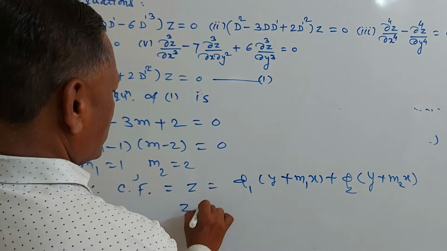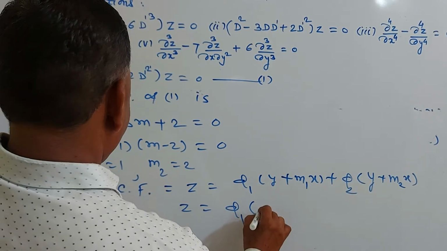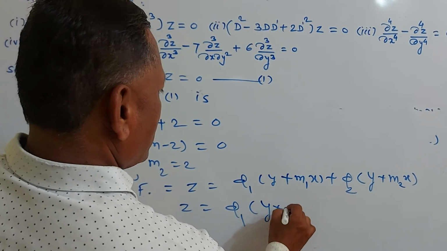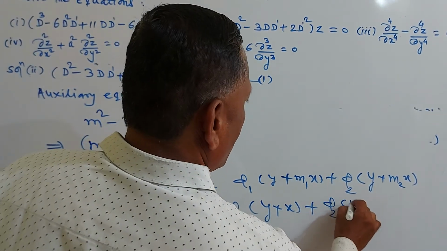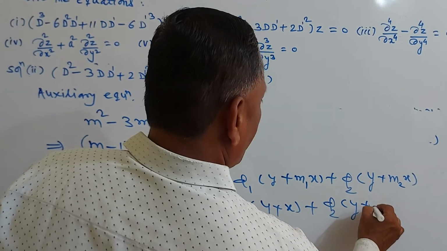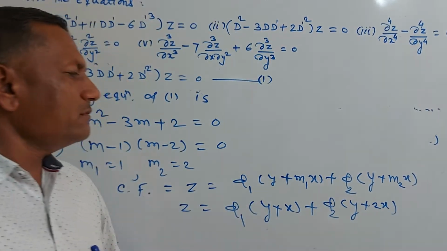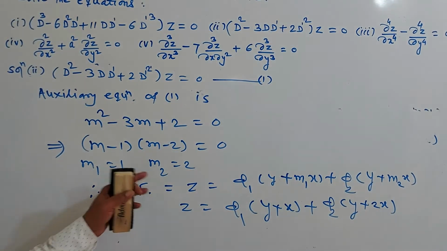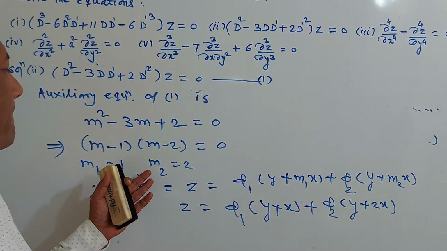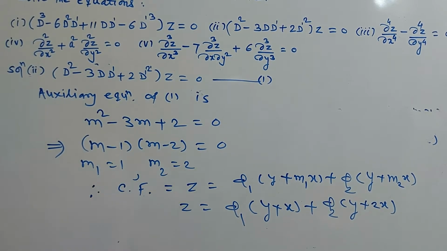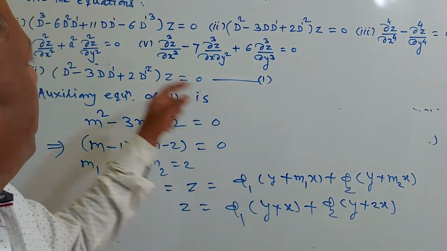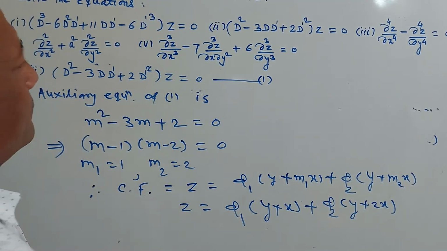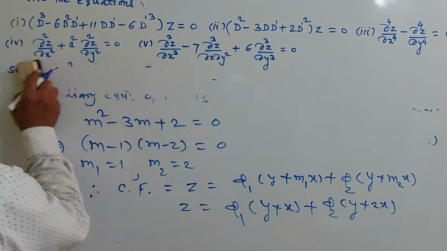Therefore z is equal to phi1(y plus x) plus phi2(y plus 2x). If you interchange m1 and m2, there is no change. So this is the required general solution of the given partial differential equation. Now we solve the third.